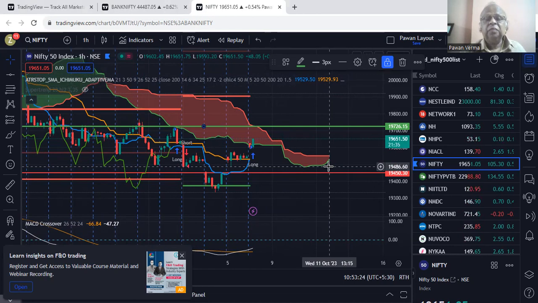So friends, the probability of generation of green cloud is quite high. This trend is changing right now, my dear friends. This is the first interpretation which we are getting right now.